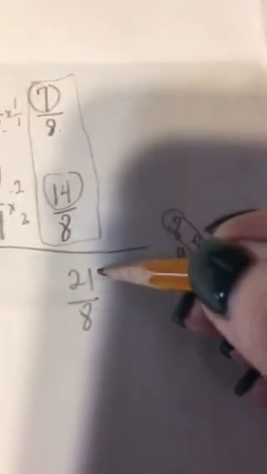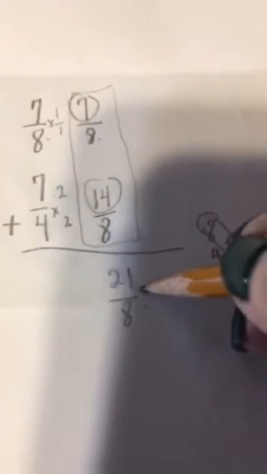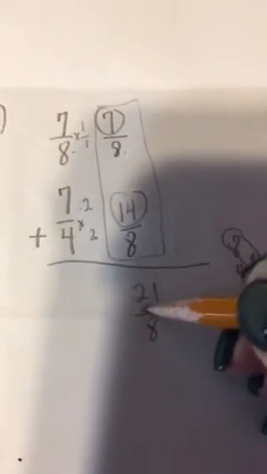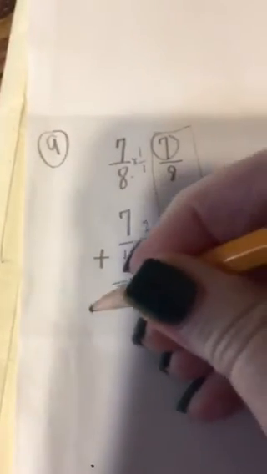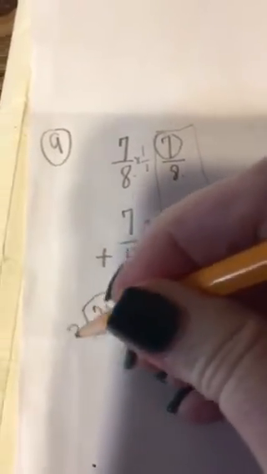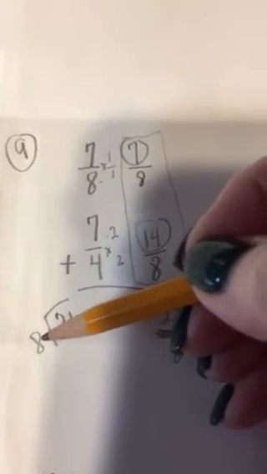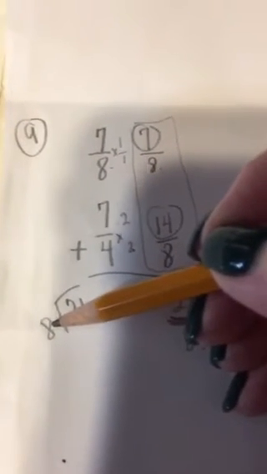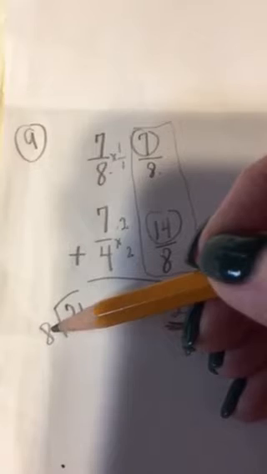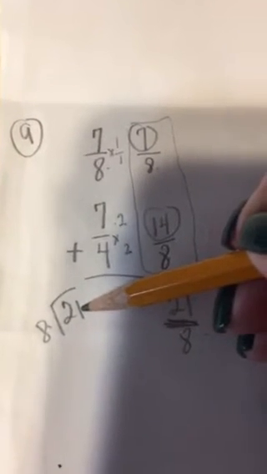21/8 is not a choice. So I'm going to have to come back and figure this thing out. Everybody say improper. You're right, that's improper. So 21 divided by 8. Let's figure it out. 21 divided by 8. If you've got your counting charts, look at your 8s right now. If you don't have your counting charts, you need it. 8 times what gets me close to 21?